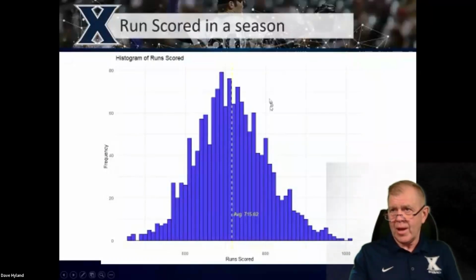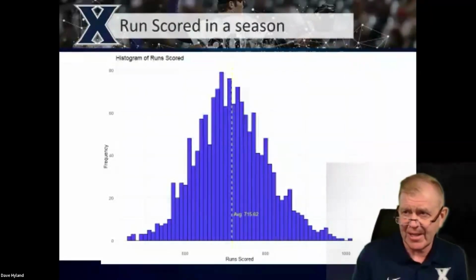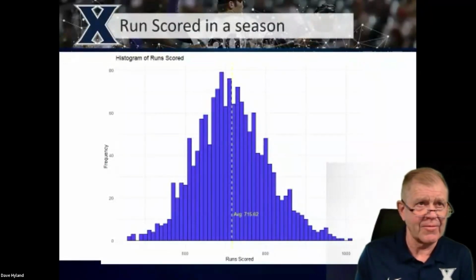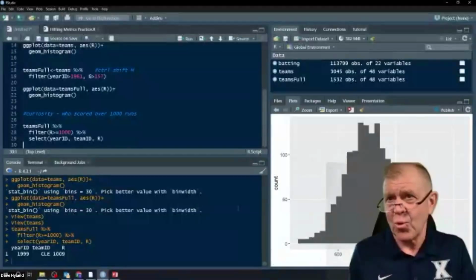All right, so just to make it a little fancier, you see there's our histogram. We tighten up the bins a little bit. We put an average line on it there. So an average team scores 715.62 runs in a season for teams that played at least 157 games, right? So that's great, but let's see how it equates.